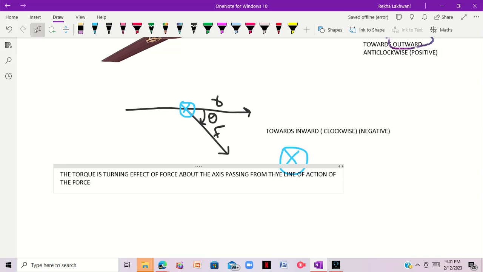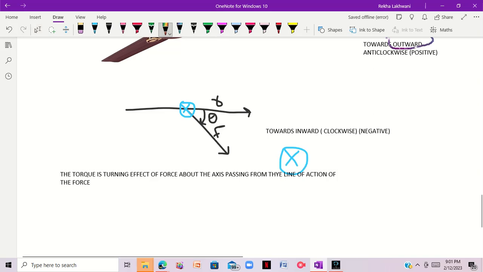Now, what is the line of action of force? Basically, the point from where we apply the force is known as the line of action of force. So, torque is basically the turning effect. The torque is the turning effect of force about the axis passing from the line of action of force. Right? So, I hope this is clear to you.